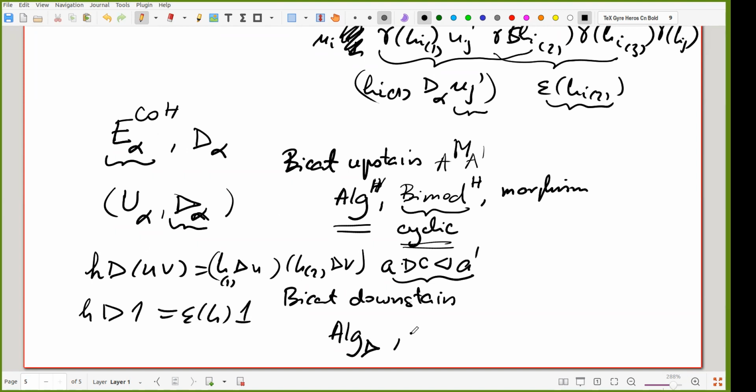So I have algebras such as this, and then I have bimodules, which will also be like that. I call them bimodule measurings.